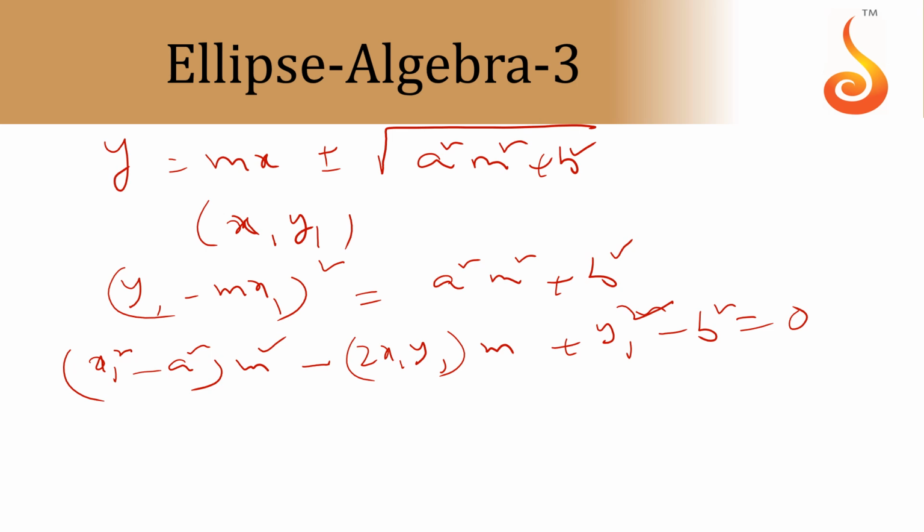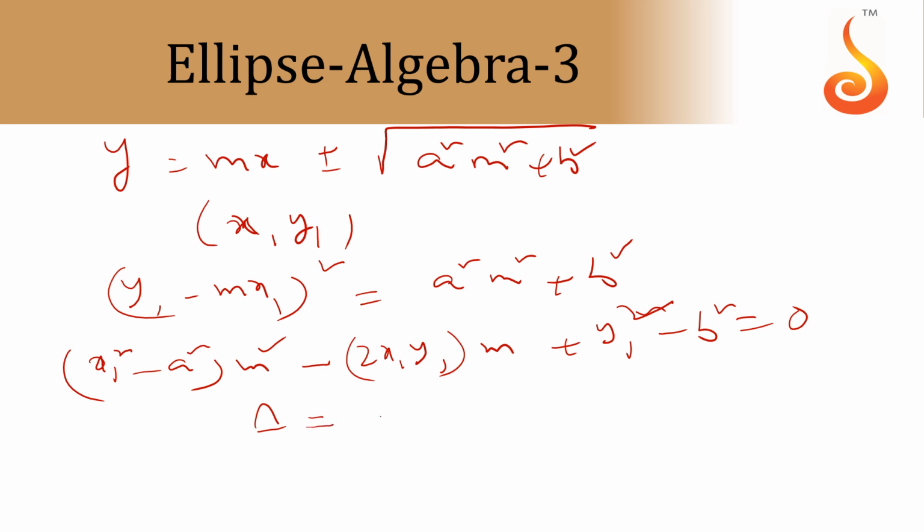This says that the maximum number of tangents out of those infinite tangents that can pass through the given point x1 y1 is 2. That also depends on the discriminant of this quadratic equation. If it is greater than 0, it will have two real and distinct values for m.